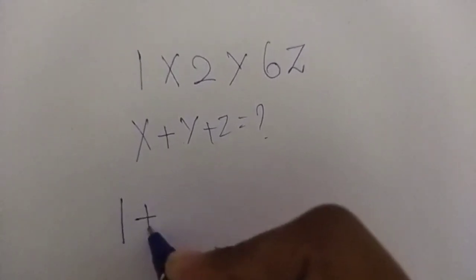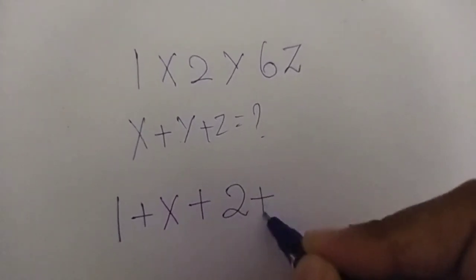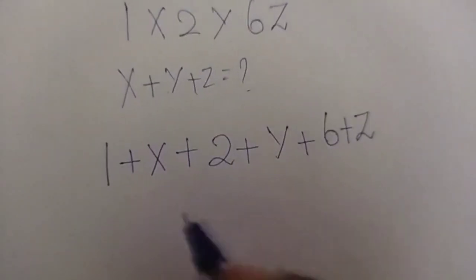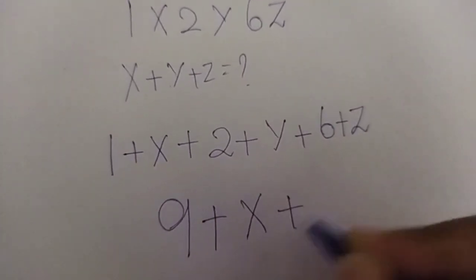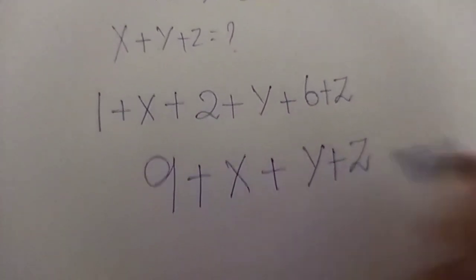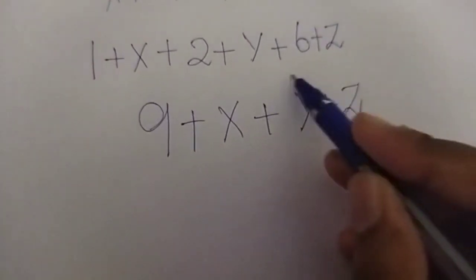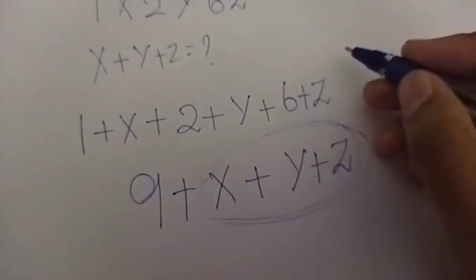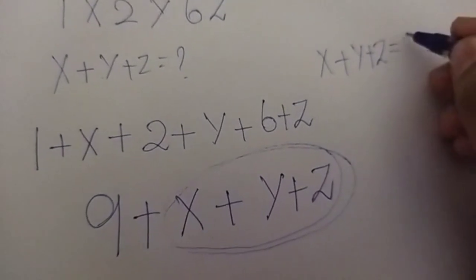So if I find the sum of digits, 1 plus x plus 2 plus y plus 6 plus z, we get 9 plus x plus y plus z. We need to find the least possible value of x plus y plus z. If I put x plus y plus z equal to 0.